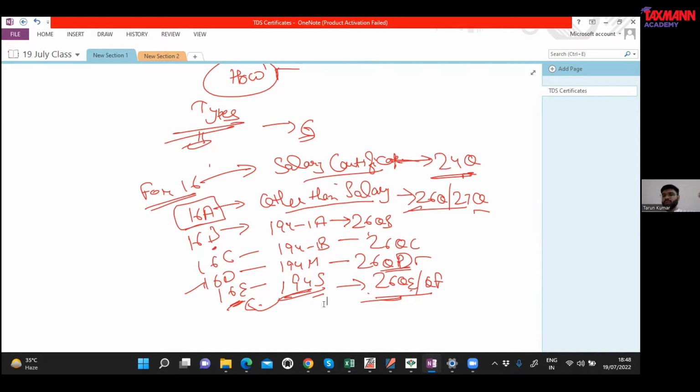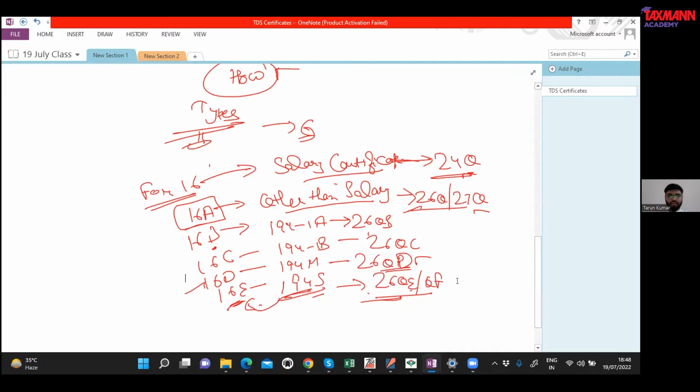So there are many permutations and combinations. We have to read section 194S separately. I think it will be very difficult. Yes, I think they will take it up in level 2 of your course. In fact, all TDS sections were not covered in level 1 of this course. Only the important ones were covered. And this is again an important section and can be taken up at level 2.